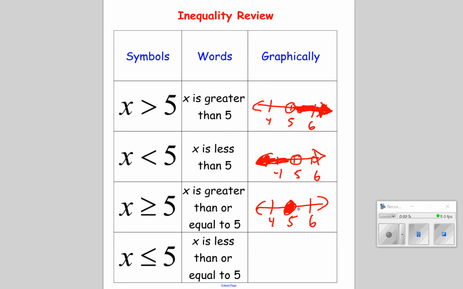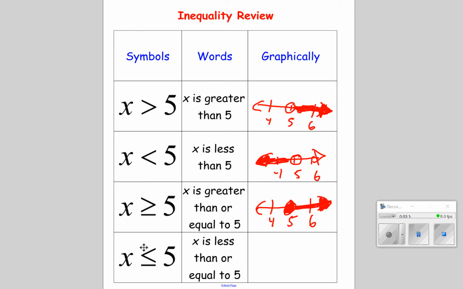And where are the numbers that are greater than? They're to the right of 5. So once again, this is probably the most important thing to get from this entire video: the shaded region represents all the possible values that make this inequality true.